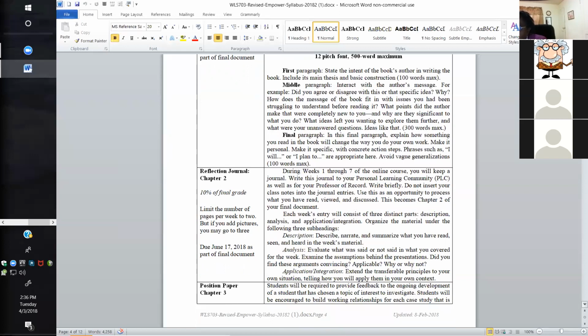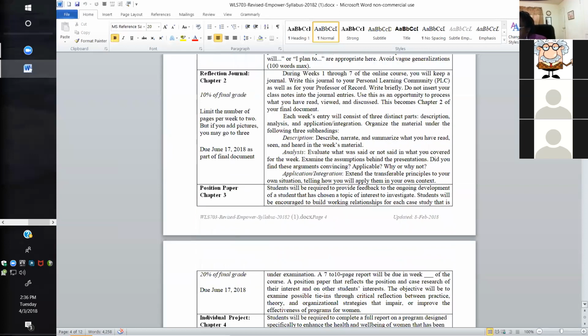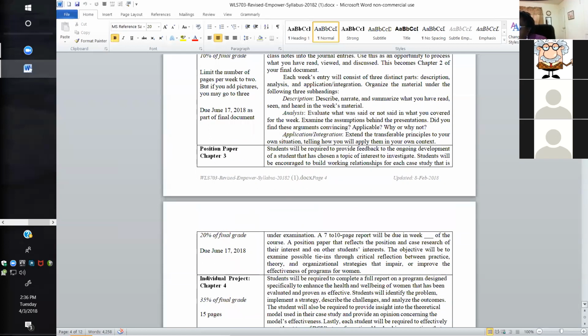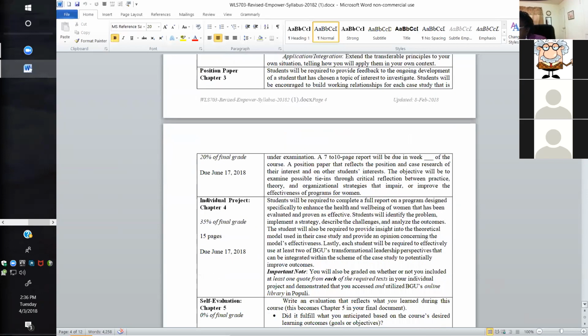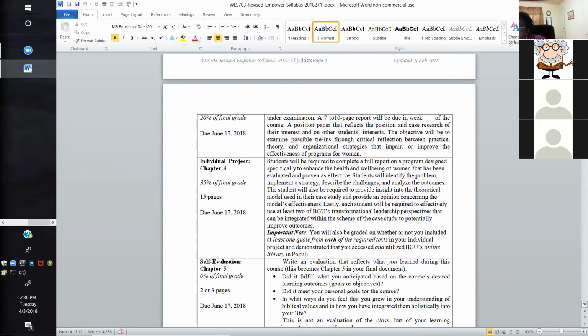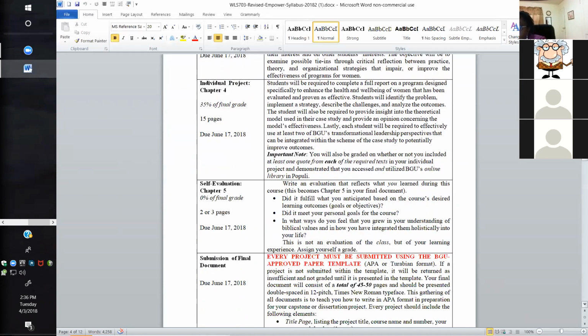Your position paper. It's stated there 7 to 10 pages. Mm-hmm. You see that? Yeah. And then the individual project is 15 pages. And then the self-evaluation is 2 to 3 pages. So do you have that, Galina? Yes, thank you. You are welcome there.